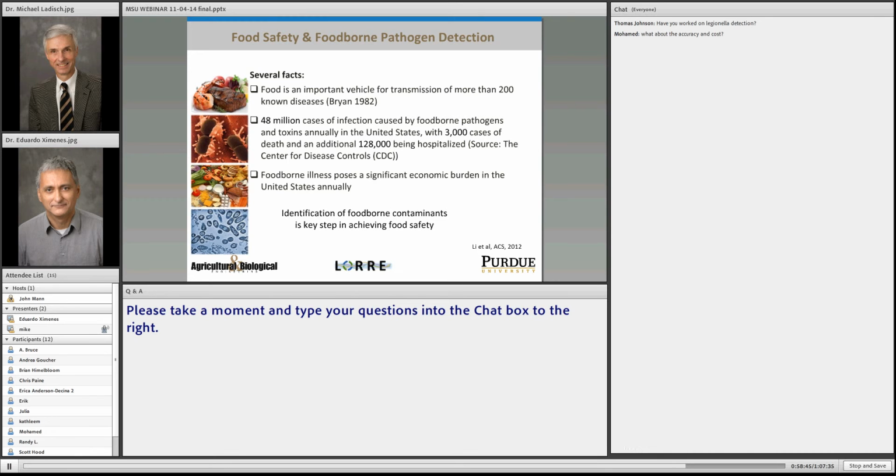Okay, the accuracy, I'm not sure what that question pertains to. It is reproducible. If the accuracy refers to the detection part, that's really a function of the sample that is presented to, let's say, a PCR instrument or an immunoassay. It really depends on the number of cells in the sample, and in the case of PCR, whether or not inhibitors are present.